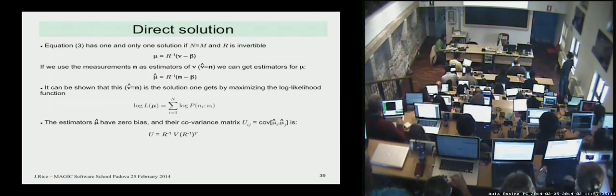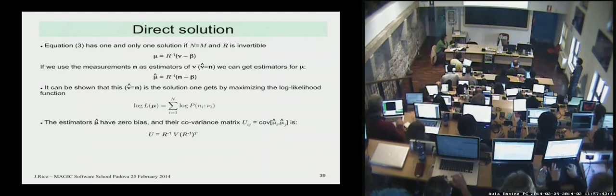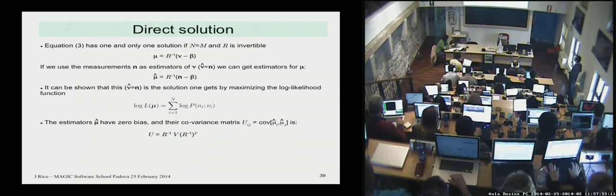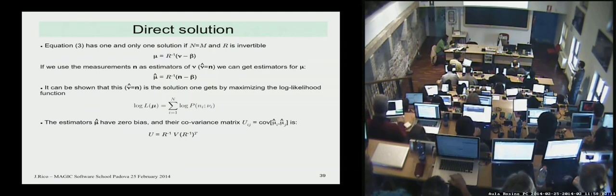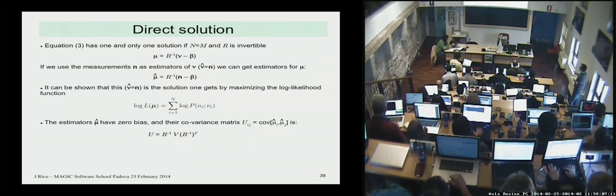As I said, we are assuming we know beta, but nu we don't know, and we can use the measurements n as estimators of nu, and in this way we get estimators of mu. So in this equation we take estimators for mu, and for nu we take n, and this is a solution in principle for the estimators of mu. Now, this solution is the one that we would also obtain, and it can be proven in a trivial way, by maximizing the log likelihood function of mu.